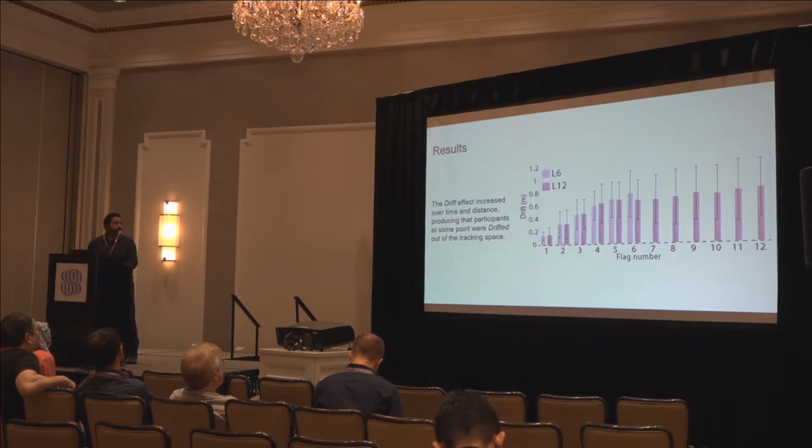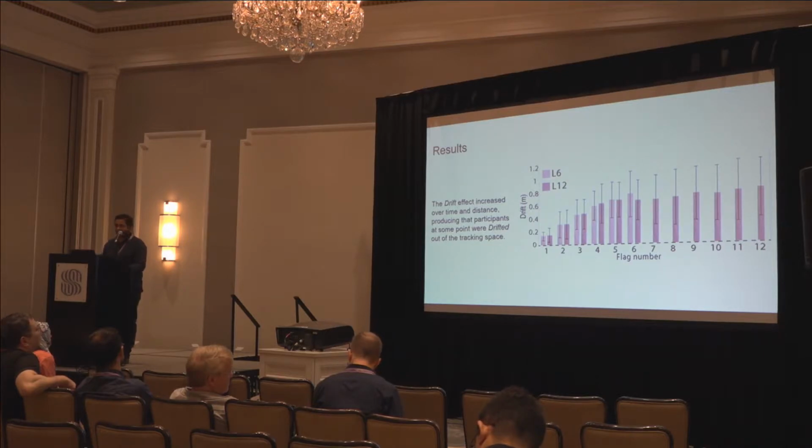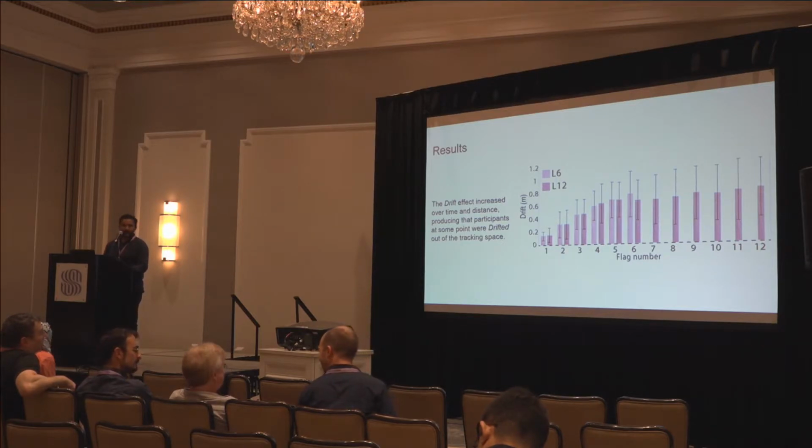It's worth mentioning that during the user study, 4 participants couldn't finish the experiment because they drifted out of the tracking space, and this caused some of the flags or targets in the sequence to not be reachable anymore. This highlights the detrimental effect of the drift when using these kinds of techniques for navigation.